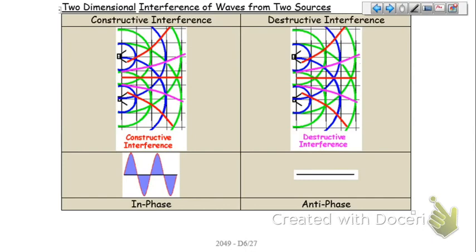Blue bit meaning a crest, green bit meaning a trough, etc. What this tells me is, because I get the crest here and the crest there, these speakers are in phase, aren't they? They're giving the compression or the crest and then the trough and then the crest and the trough. I'll go backwards and forwards in language between crests and troughs and compressions and rarefactions because they visualize the same thing. Sometimes I visualize the water ripples and sometimes I visualize the sound.